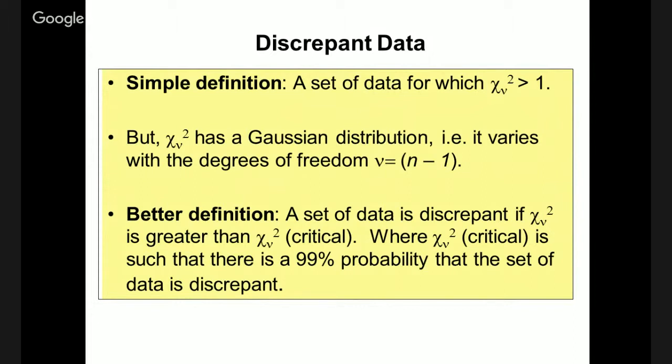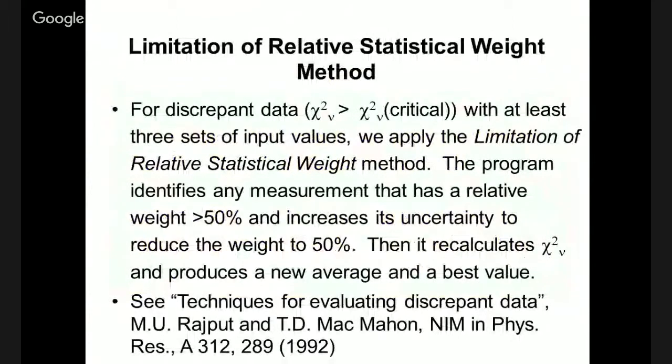In general, those methods used to increase the errors are not logically very well supported. But there is a method that we liked very much, and the IAEA used it. It's called the limitation of relative statistical weight method. If you have data that is inconsistent, is discrepant, you cannot have one measurement that has a weight of more than 50%.